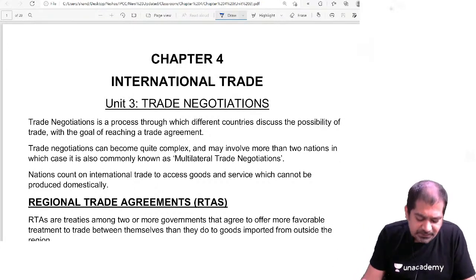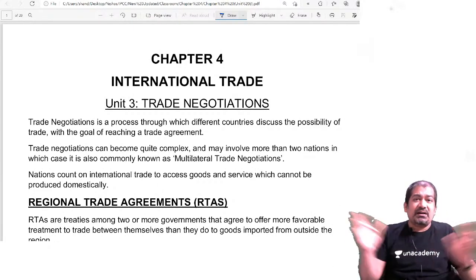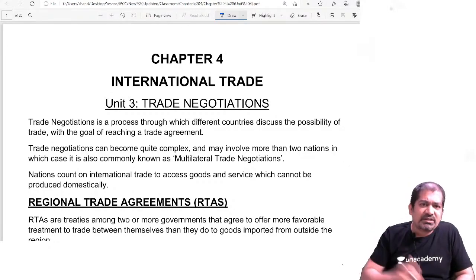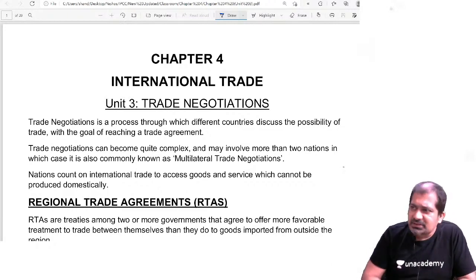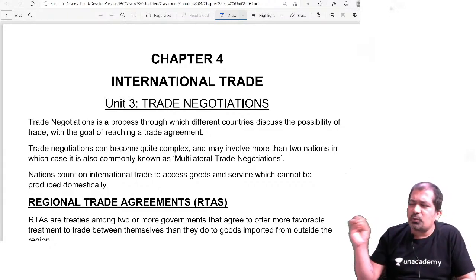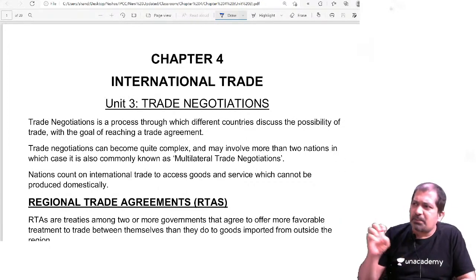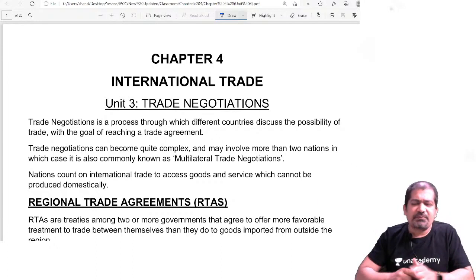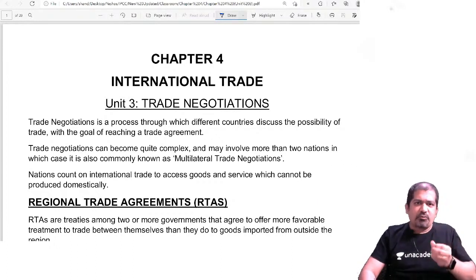Now, when trade is happening between various countries, these countries have to come up with agreements. Just like when two or three individuals, or a group of individuals, start a partnership firm or a joint venture, or when there is an amalgamation between companies or a strategic alliance for the mutual benefit of these businesses, you have to come to an agreement.